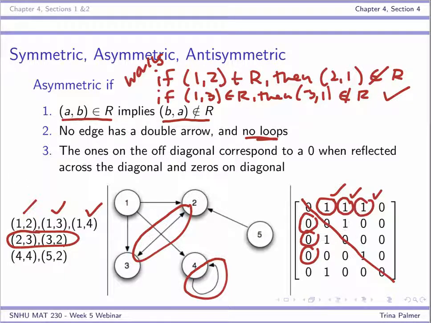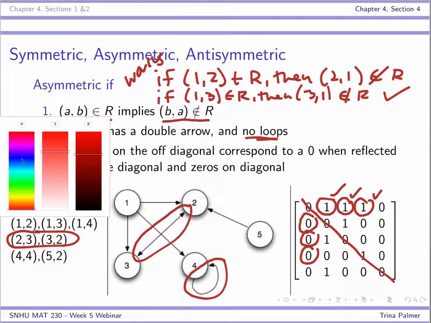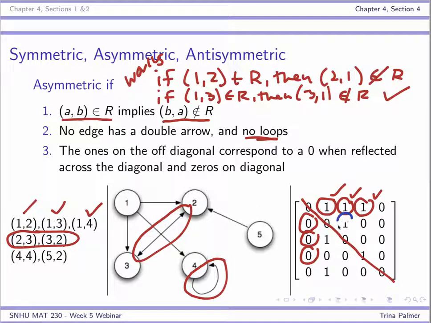But notice, using a different color for a second, this one matches with this one when you fold it, so that's why it doesn't work. And you also have to have zeros on the diagonal, so this corresponds to the loop. Both of those are reasons. So how is asymmetric? Is that one okay?